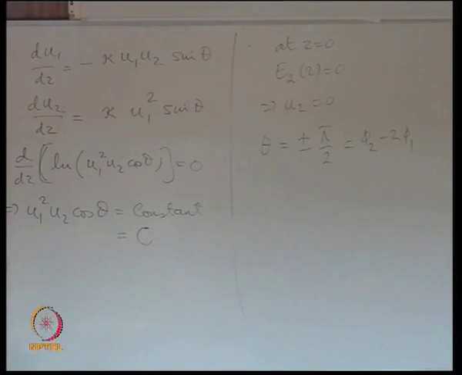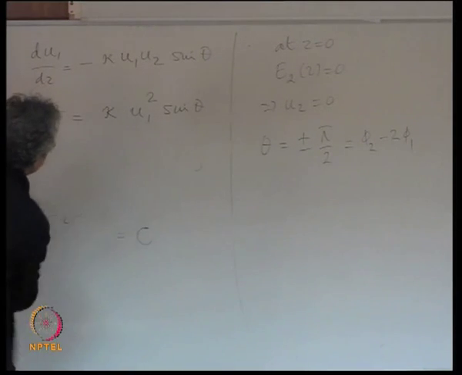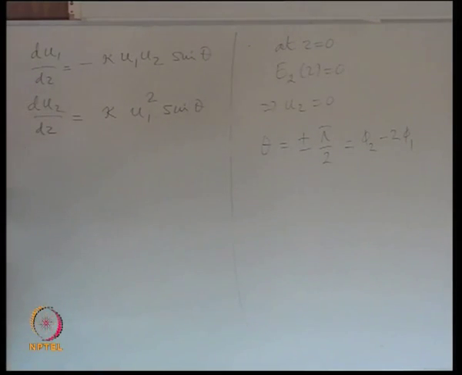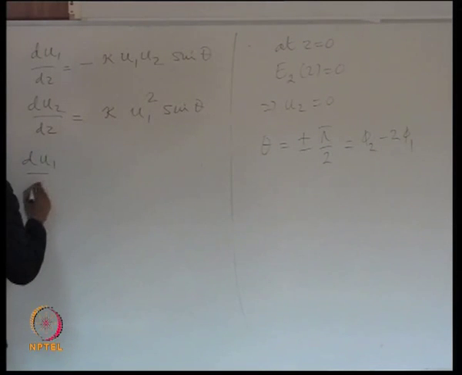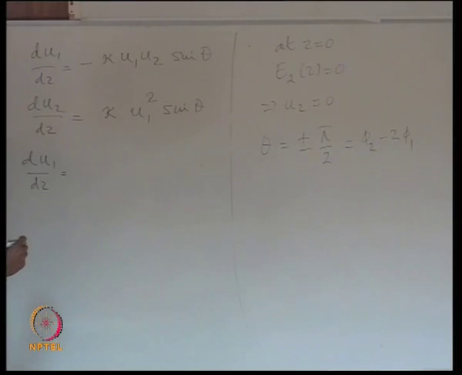So delta k is equal to 0. I get those two equations, and then I'm trying to solve this equation under this condition, delta k is equal to 0. So once theta becomes defined like this, these two equations get simplified to the following two equations. So du1 by dz, let me assume theta is equal to plus pi by 2.